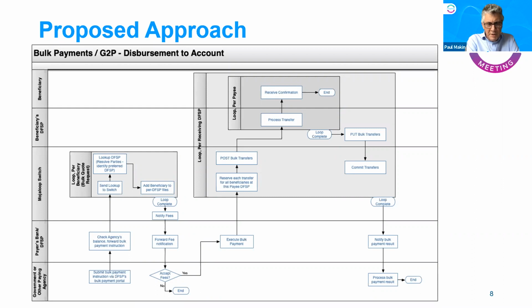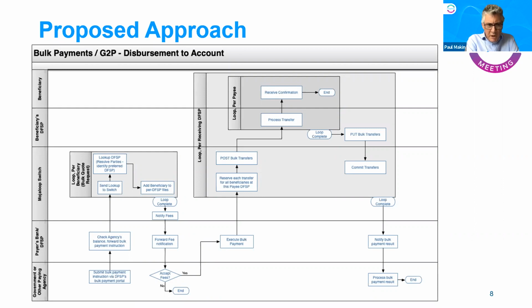We think that step is clearly very important, and we don't want to short circuit that. But once that's complete, once that acceptance has been agreed, then essentially it proceeds as before, looping again by receiving DFSP and looping by payee within that loop to carry out all the individual transfers.